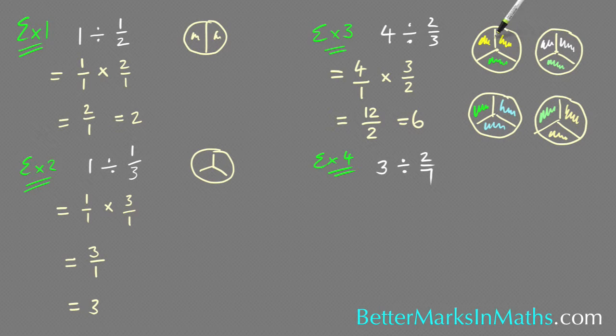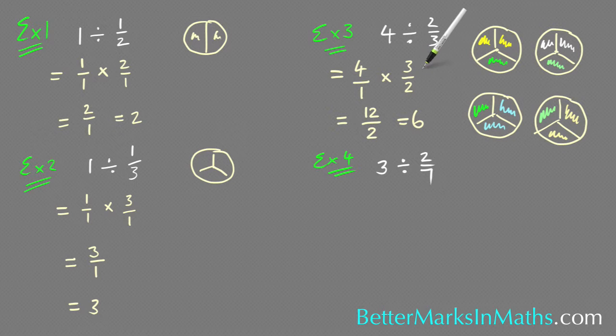So you can see from this that there are actually 6 lots of 2/3. So there's 1 lot, 2 lots, 3, 4, 5, 6. 6 lots of 2/3 in those 4 whole oranges. So that, just looking at the diagram, agrees with the answer that I calculated over here.